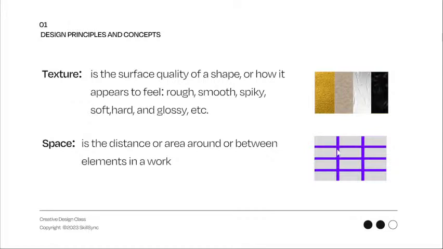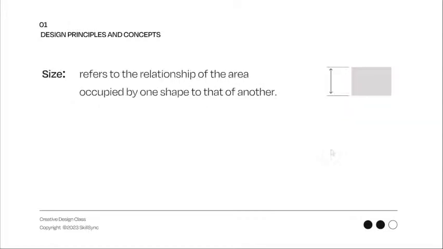We'll be talking more about it later during this lesson, but space is very important in your design. You need to leave a lot of space in your design so that the element gets a lot of breathing space. And then we have size. Size refers to the relationship of the area occupied by one shape to that of another.